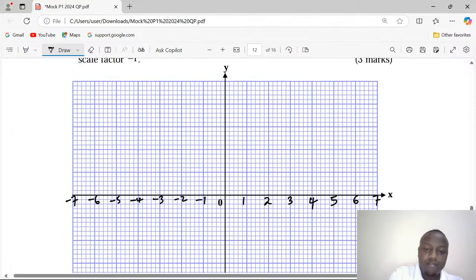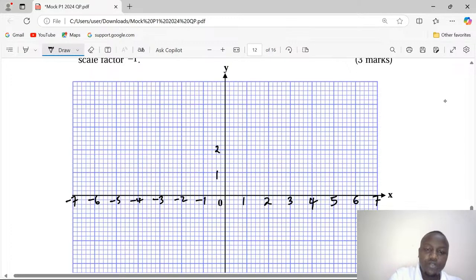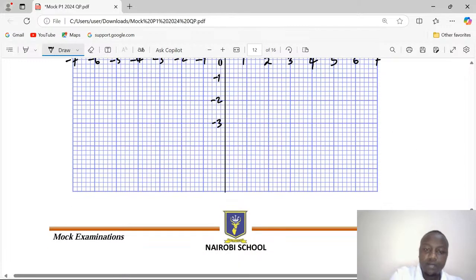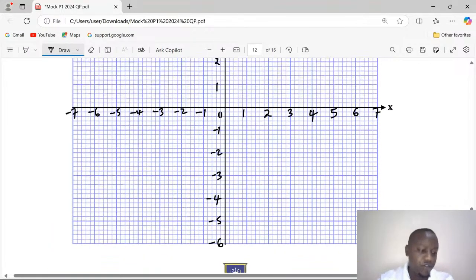Then we can have a 1, 2, 3, 4, 5. Negative 1, negative 2, negative 3, negative 4, negative 5, negative 6. Yeah. So we have the axis labeled.